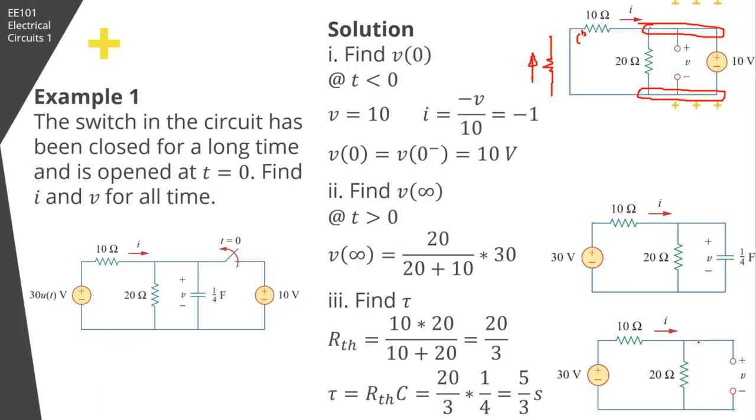Ito pa ang voltage sa itong capacitor at infinity, that's equal to voltage division ra kaani. Kay ang equal raman siya sa voltage across sa imong 20 ohm nga resistor. So 20 over 20 plus 10 times 30. Pila man 20 times 30, that's 600 divided by 30. So natay 20.